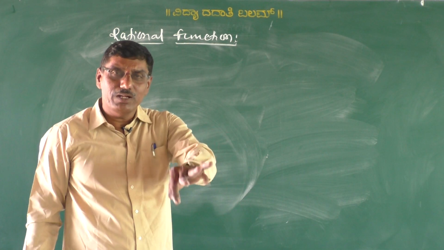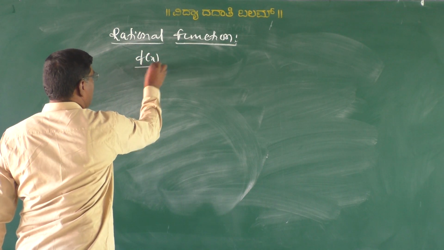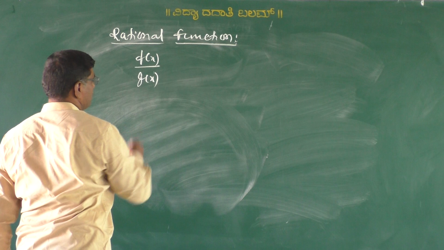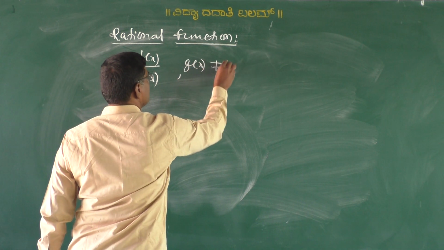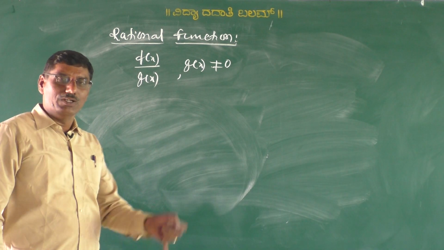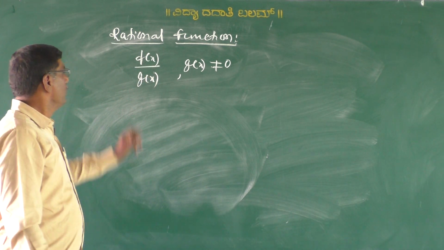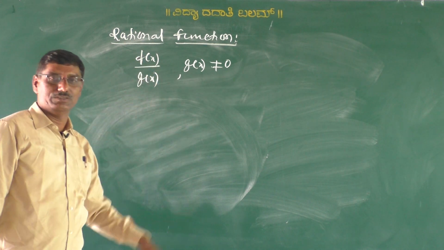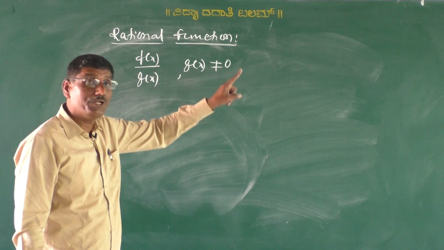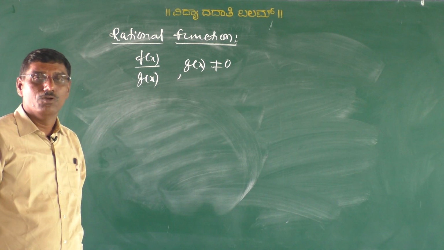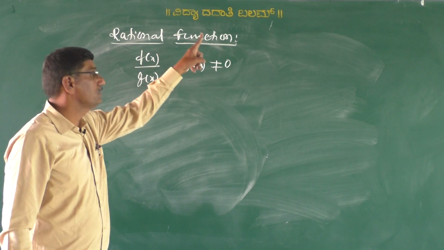The function of the type f of x by g of x, under the condition of g of x not equal to 0, the function of the form f of x by g of x, under the condition of g of x is not equal to 0, what we call as rational function.